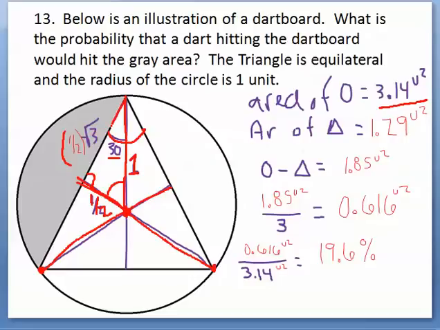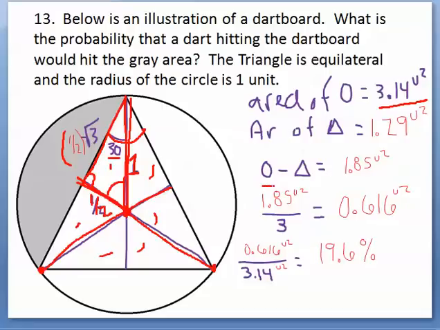I now have enough information to calculate the area of this triangle. Then I will multiply it times 6 because I have 1, 2, 3, 4, 5, 6 congruent triangles. Then I know my area of the triangle.